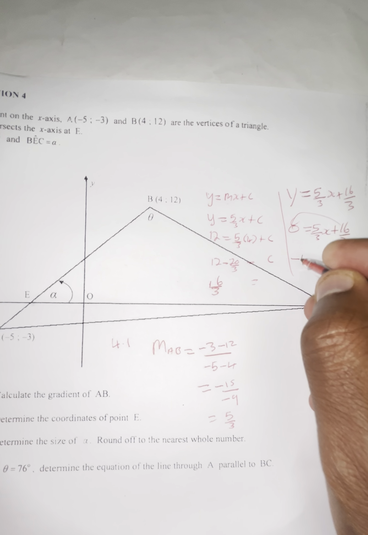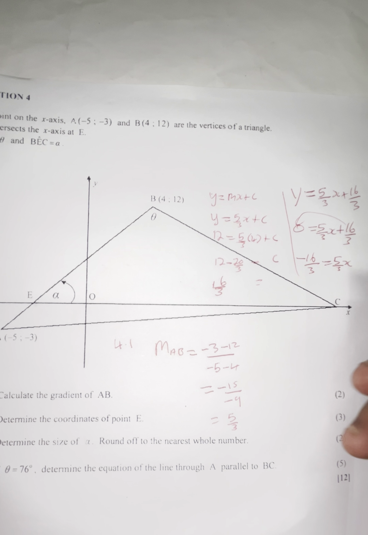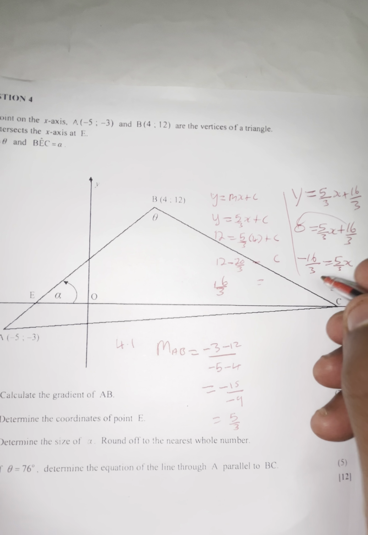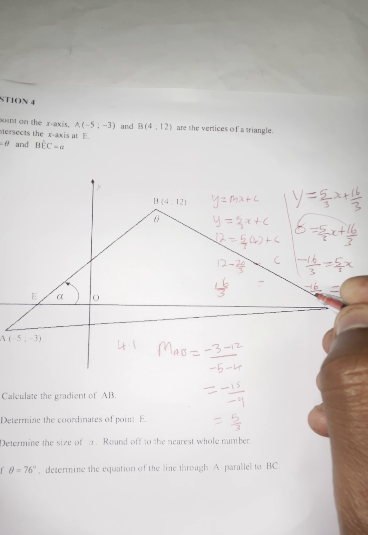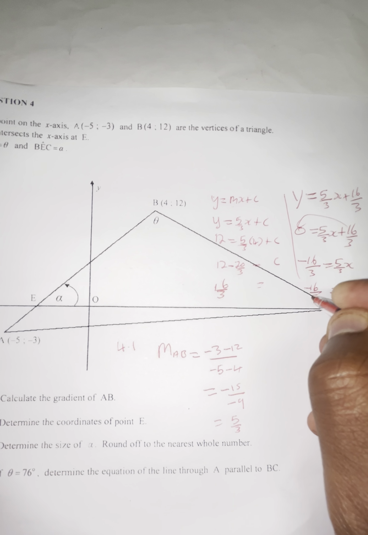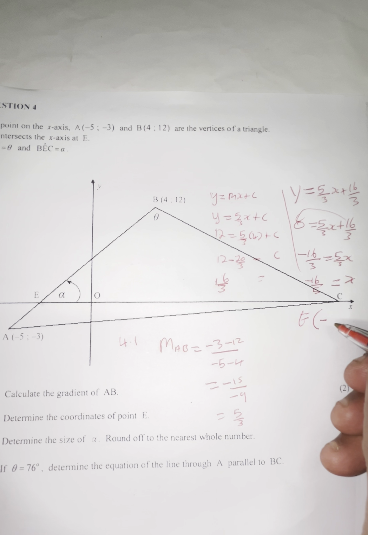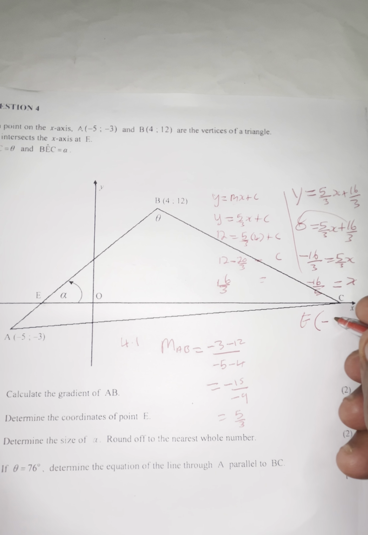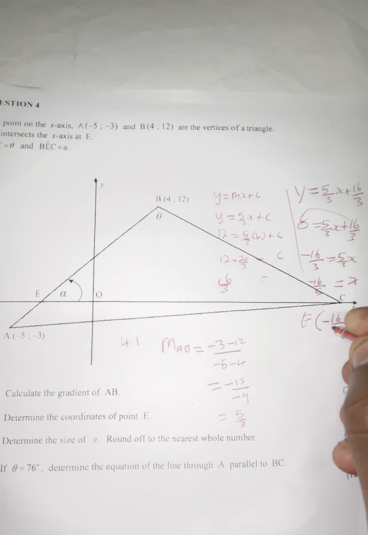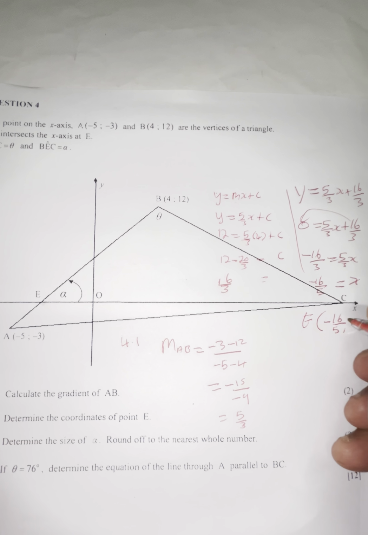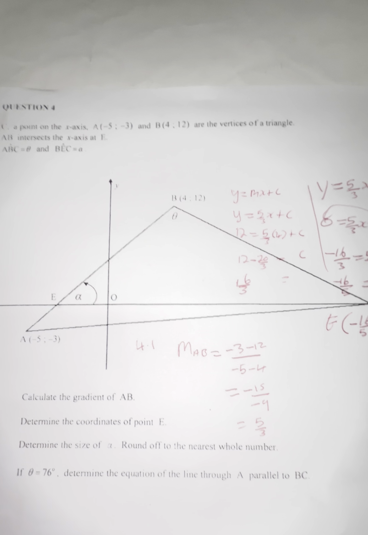This 5 divided by 3 x stays. So our x is equal to negative 16 divided by 5. So the coordinate of E is negative 16 divided by 5 and 0. Yes, we're done with 4.2.